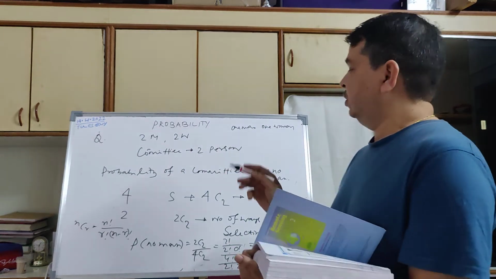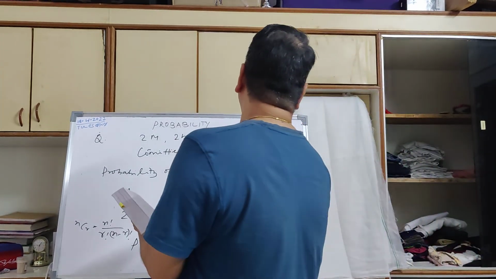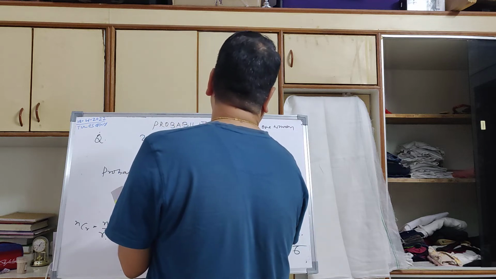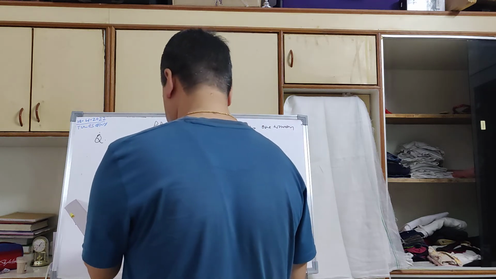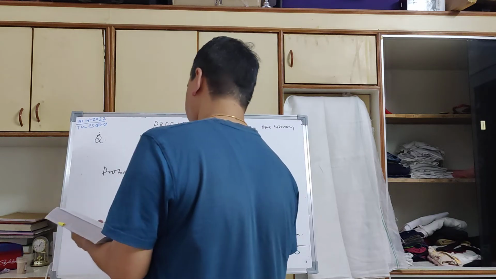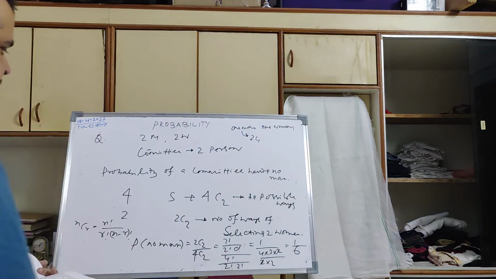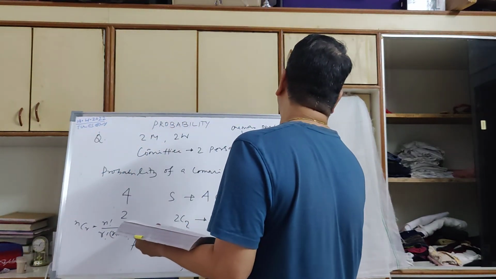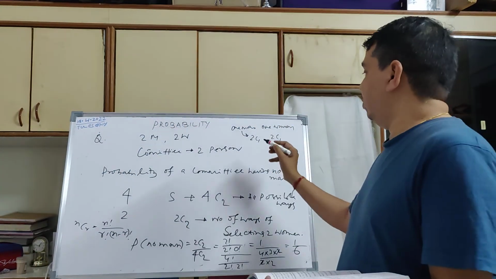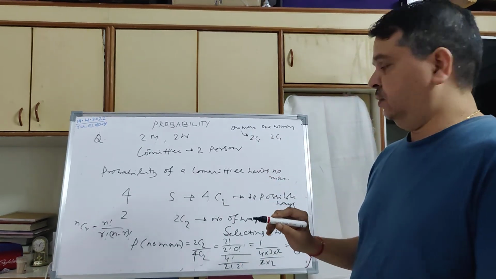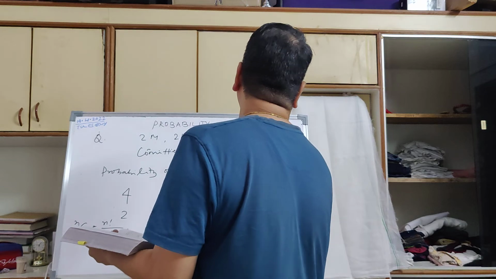There are two people, so the probability of having one man is 2C1, and similarly 2C1 for one woman. Out of two you are selecting one, and out of two you are selecting one.